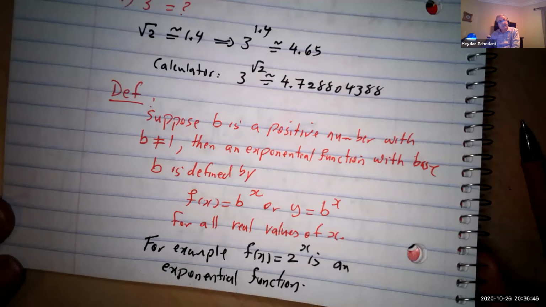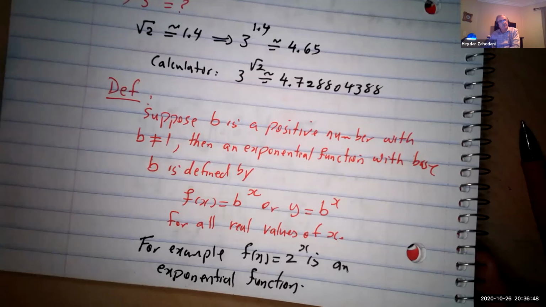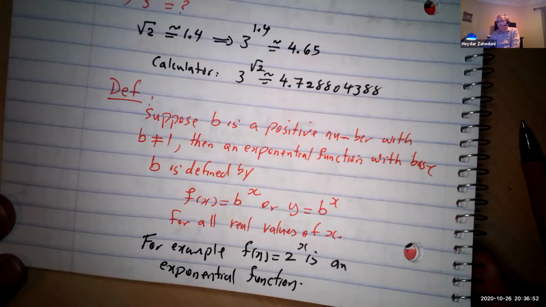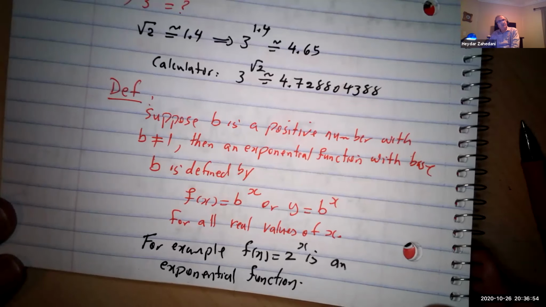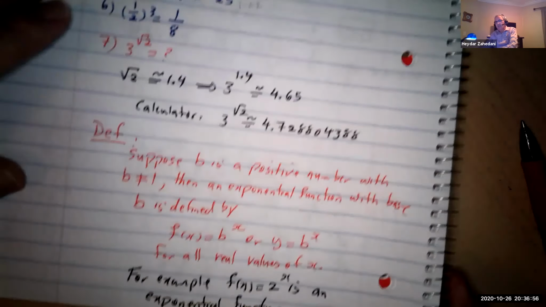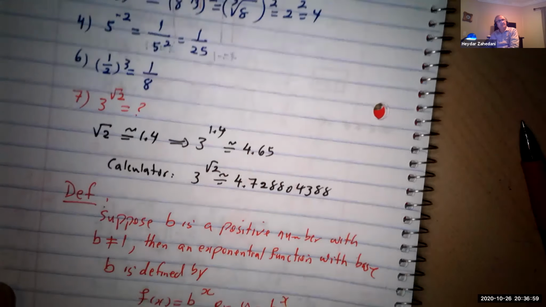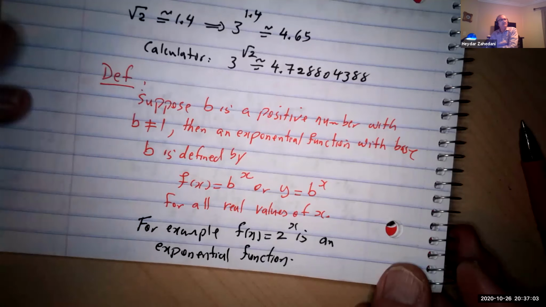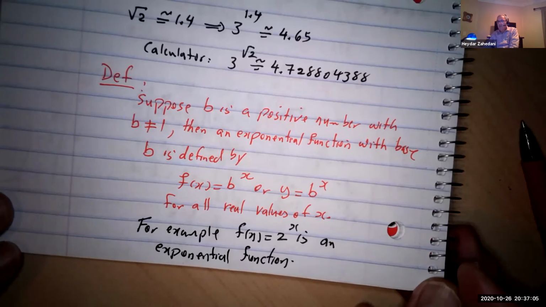Okay, why the base cannot be equal to 1? Because if it's equal to 1, it's just a constant. Okay, 1 to any power is 1. And we can say that for a real number x. If somebody says, oh, but how about f of radical 2, radical 3? You say, oh, I can do it, but I should use my calculator.